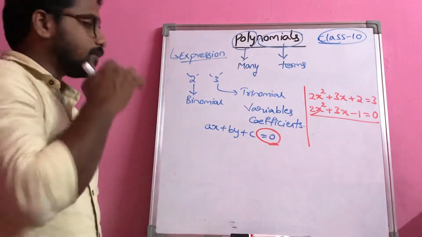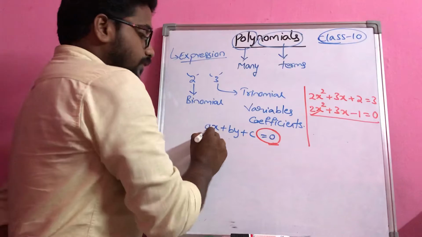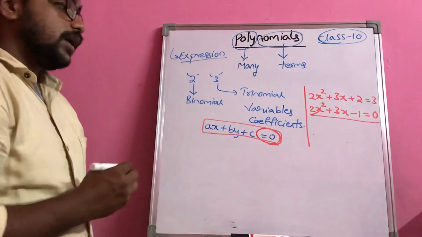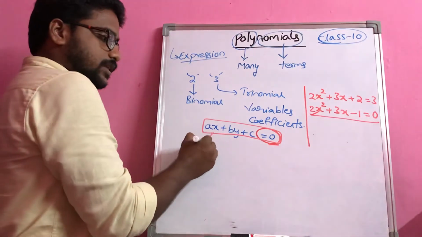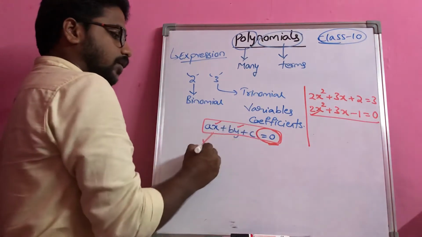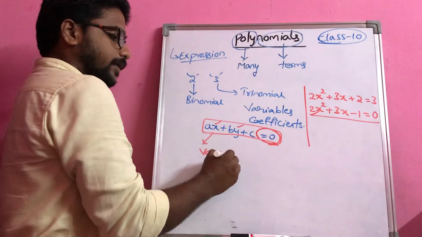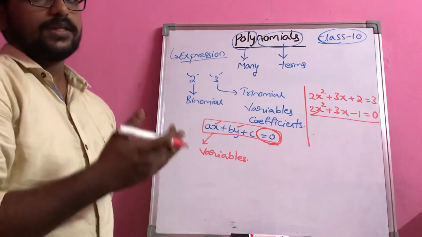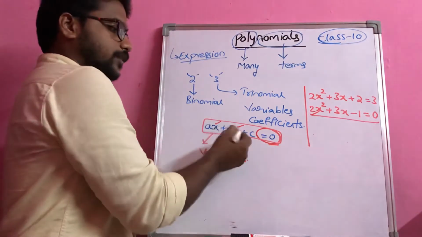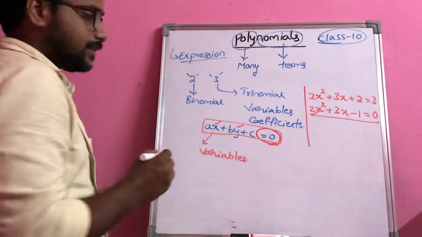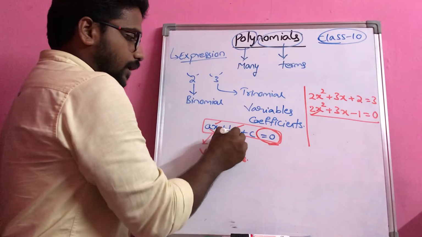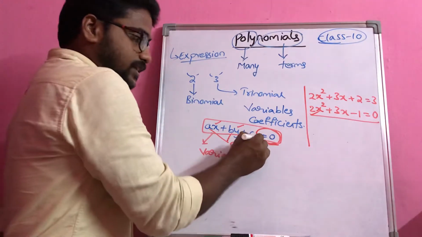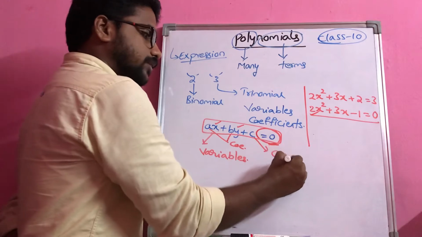You can just observe here, ax plus by plus c is an expression, and here x and y are called variables because their values can change from person to person. That's why we name x and y as variables. Whereas a and b are called coefficients, and c is called a constant.